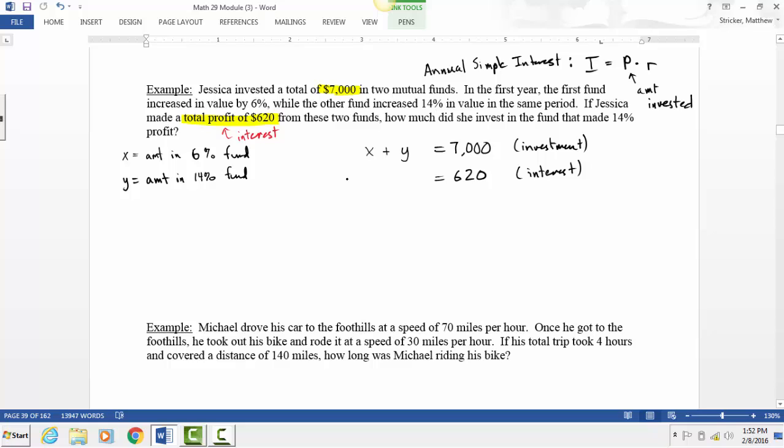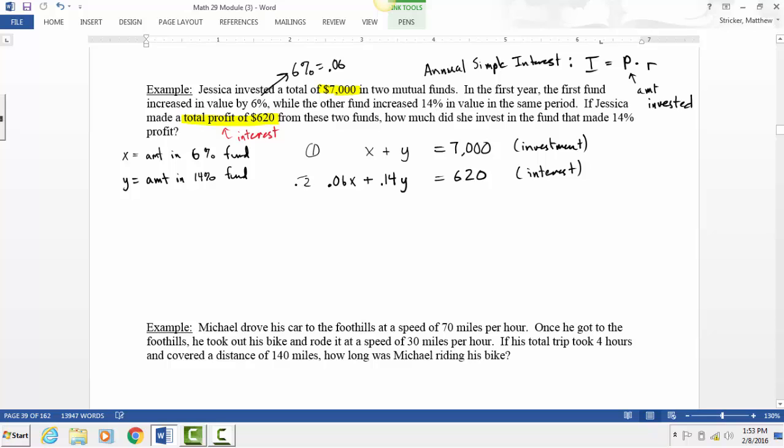So the 6% amount, remember you have to write this as a decimal, so 6% equals 0.06. That 6% amount was 6% earned on the amount X, and then we have to add to that the amount which is 14% times amount Y. So that's percent times amount plus percent times amount equals a total interest of $620.